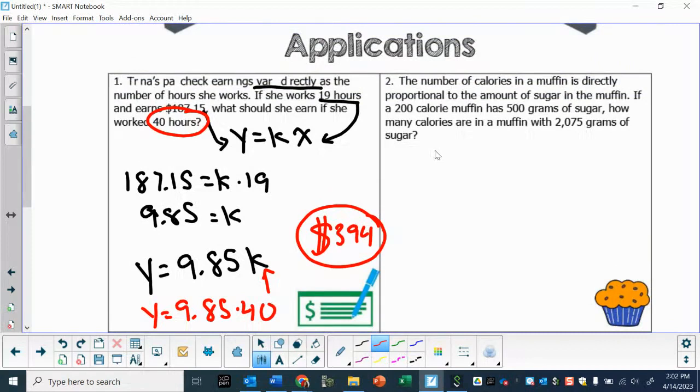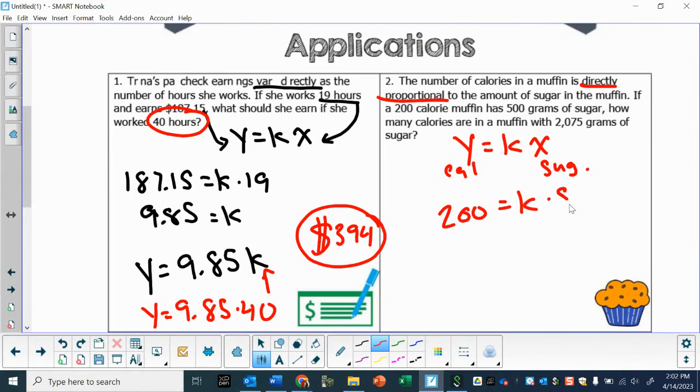The number of calories in a muffin is directly proportional. Again, directly proportional means direct variation to the amount of sugar in the muffin. So calories is directly proportional to sugar. If a muffin has 200 calories and 500 grams of sugar, how many calories will a muffin with 2,075 grams of sugar have?